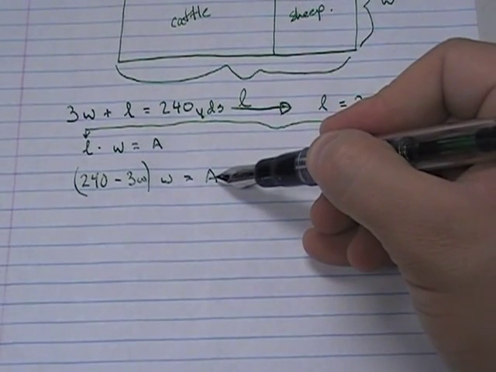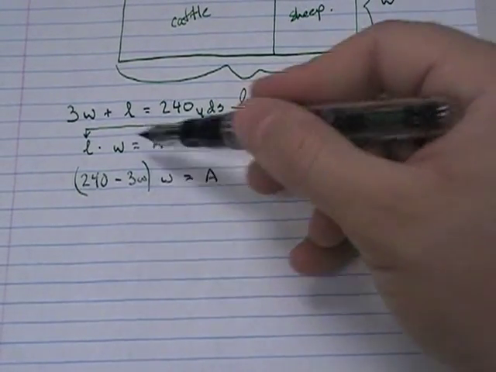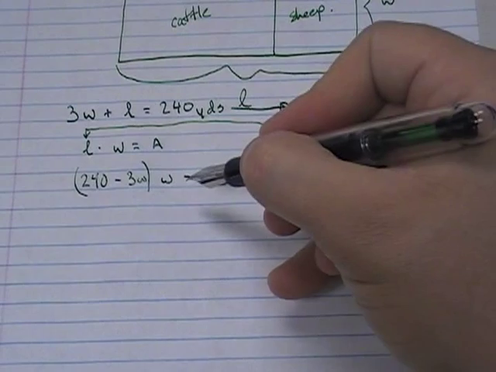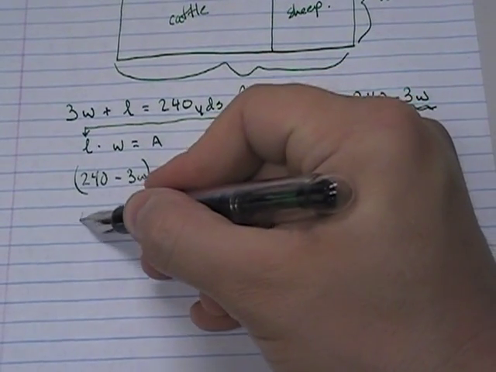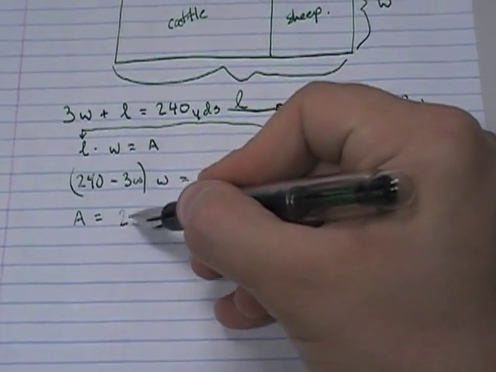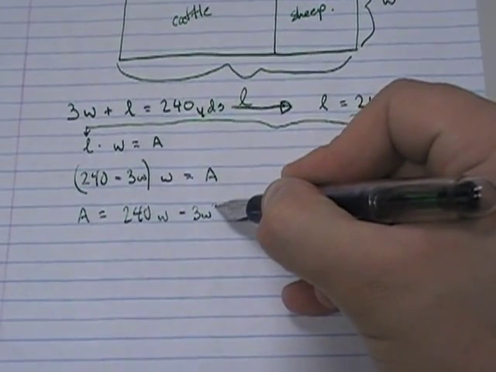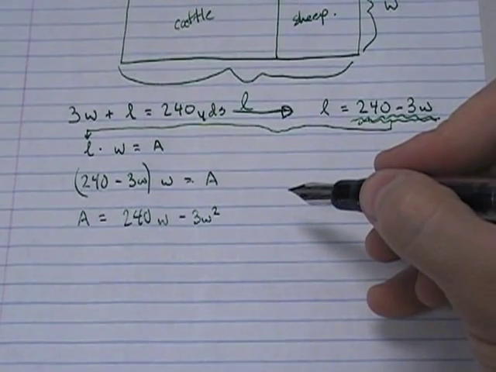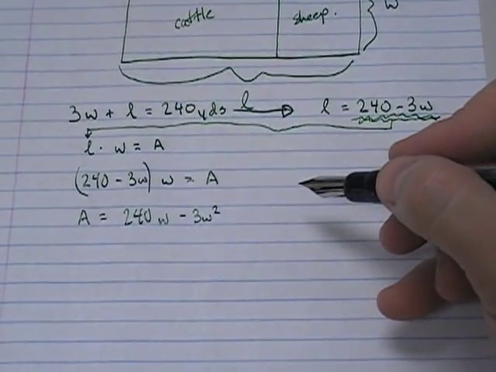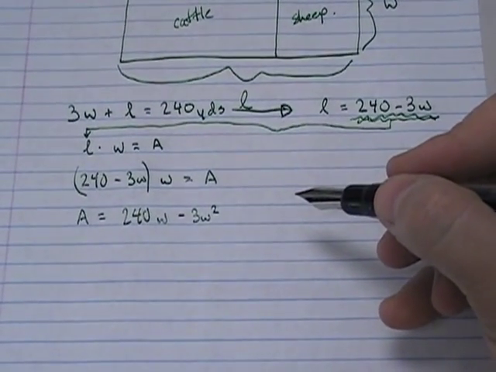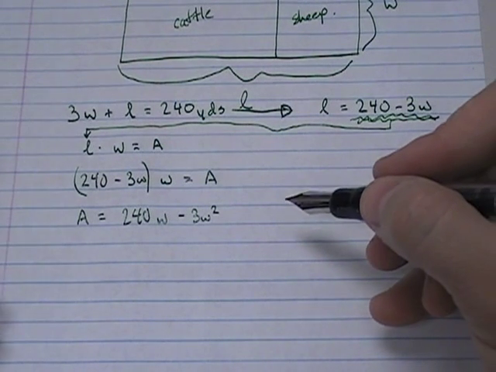Now I want to maximize my area. So I'm going to go ahead and multiply this out, and what I get is A equals 240W minus 3W squared. Now, what does this tell me?